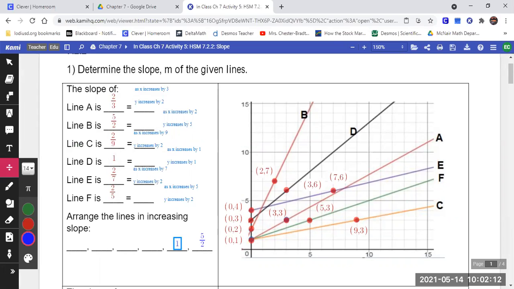Now, when we look at fractions, what makes a fraction smaller? A small number on the bottom or a big number on the bottom? Big numbers on the bottom. So since all the tops are the same, we just have to arrange them so the biggest numbers to the left and the smallest numbers to the right.